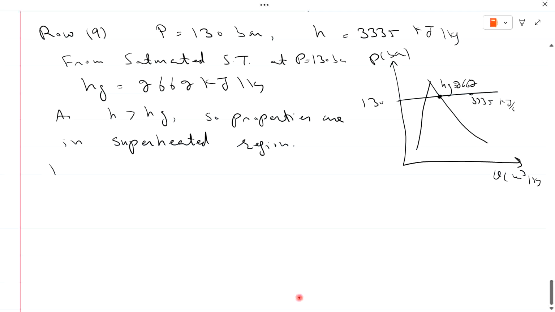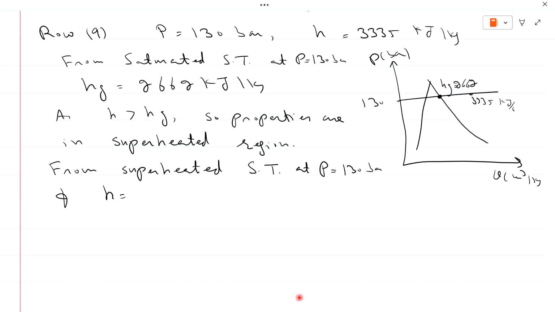So from the superheated steam table at pressure equal to 130 bar and enthalpy equal to 3335 kilojoule per kg, at these values specific volume is 0.02447 meter cube per kg.